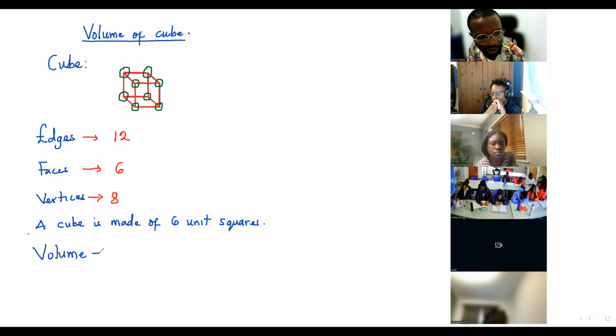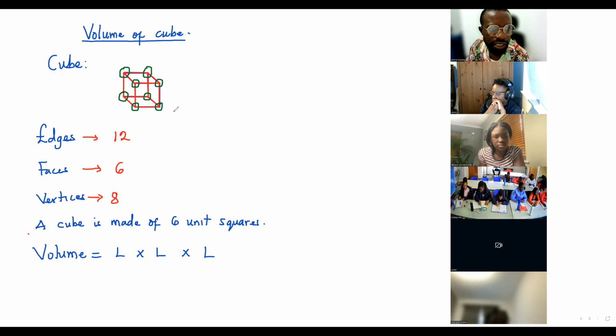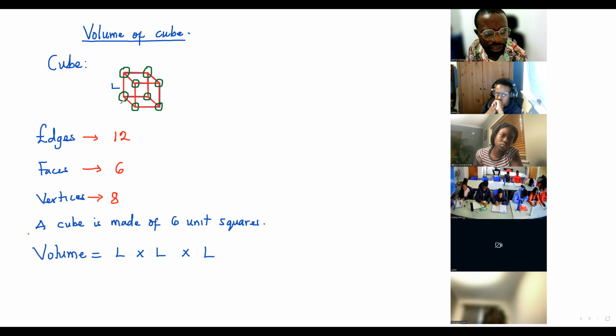All right. So the volume of a cube is length times length times length. Now, guys, this is length, and this is length. All right. So let me remove this so that it doesn't look too congested.